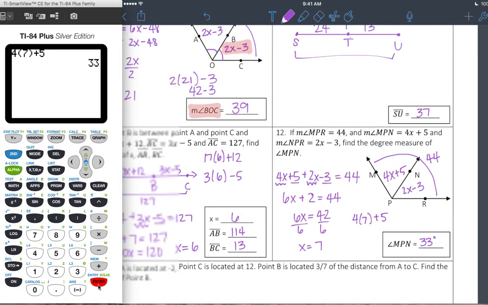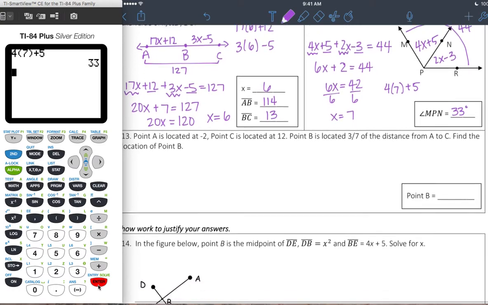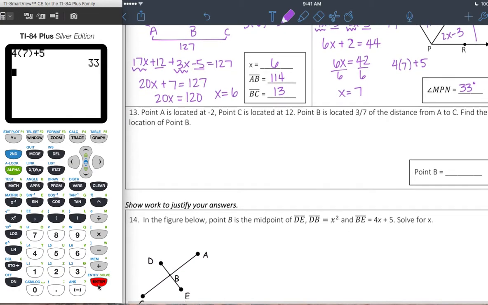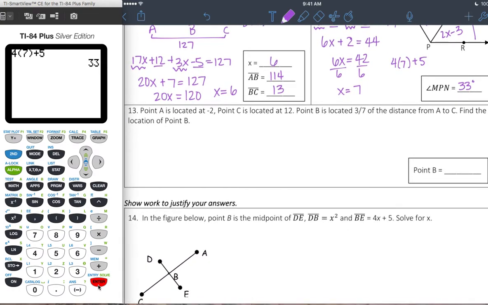All right, this next one's kind of tricky. So number 13, you have point A is located at -2, and this is point A. It says that point C is located at 12.